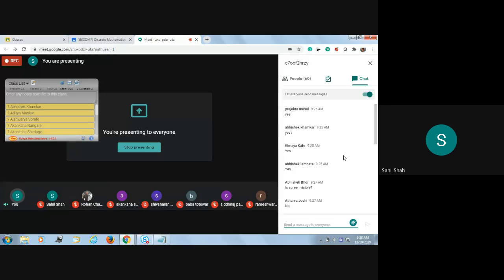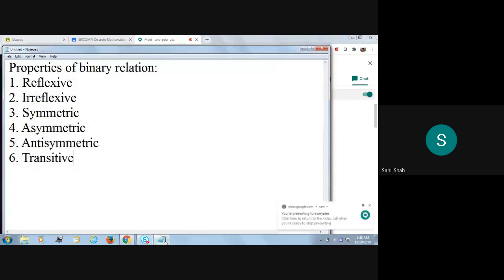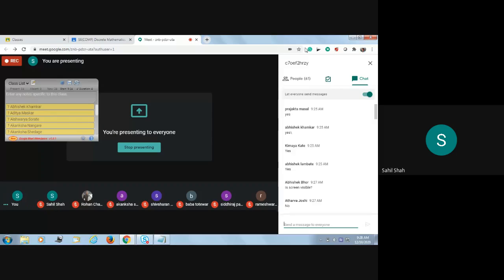Whether the screen is visible now? Are you able to see the screen? Yes or no? At least any reply if the screen is visible. I think it is visible. Look, I am able to see, and you should also be able to see. Is it visible?